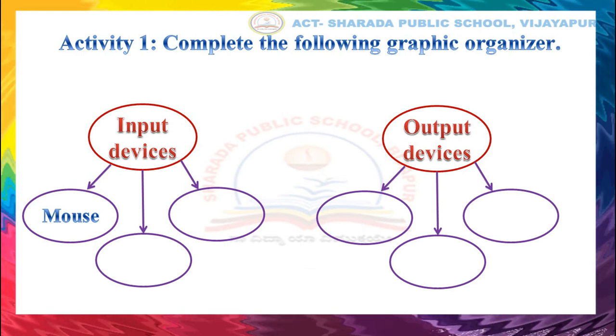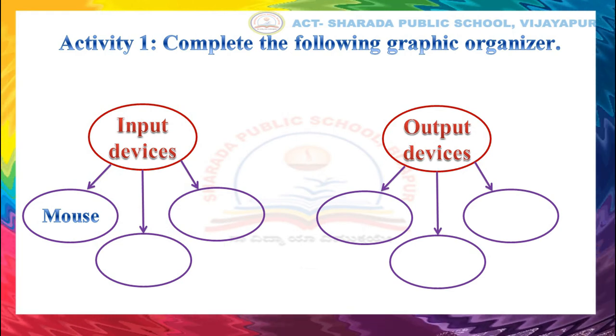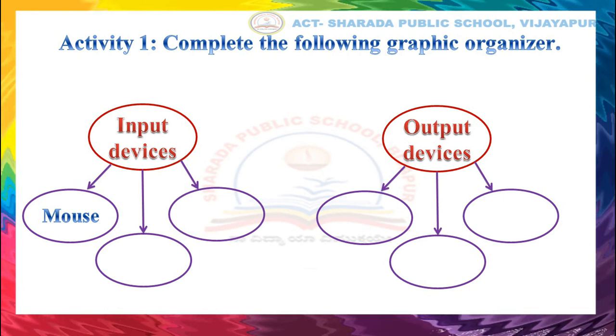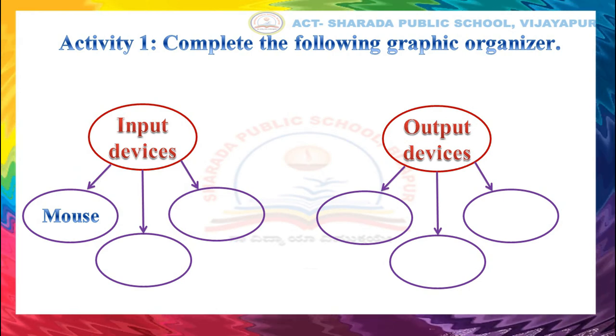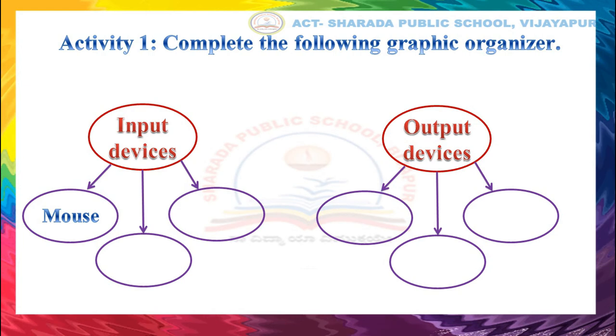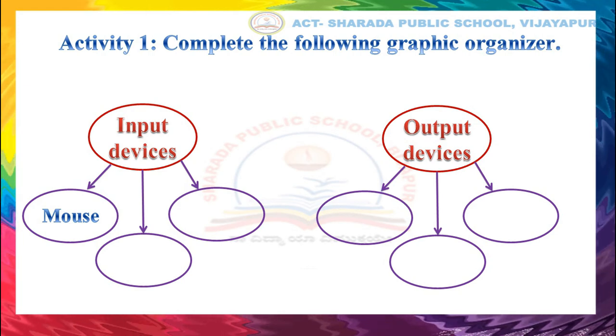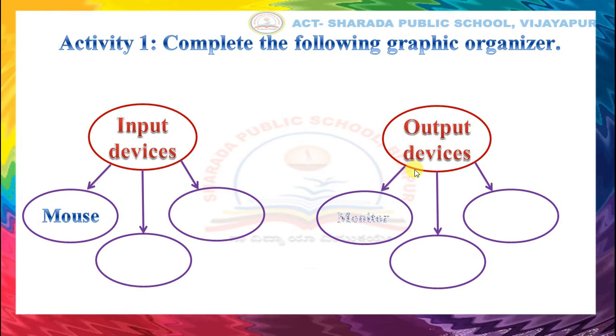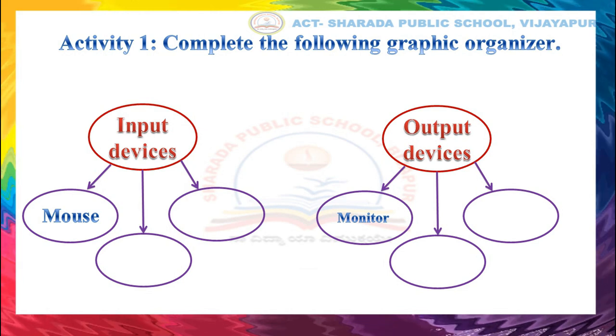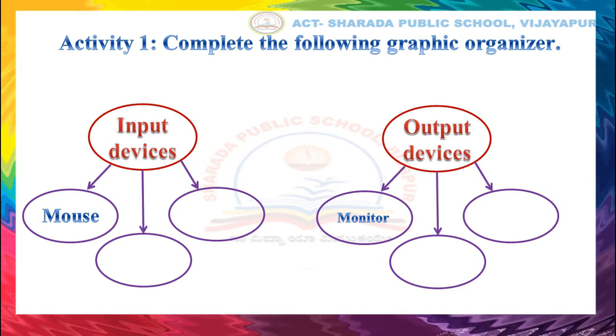Here are the output devices. You need to identify the output devices and write their names in the given space. For example, in output device, the first one is monitor. Similarly, identify the input and output devices and write their names in the given space.